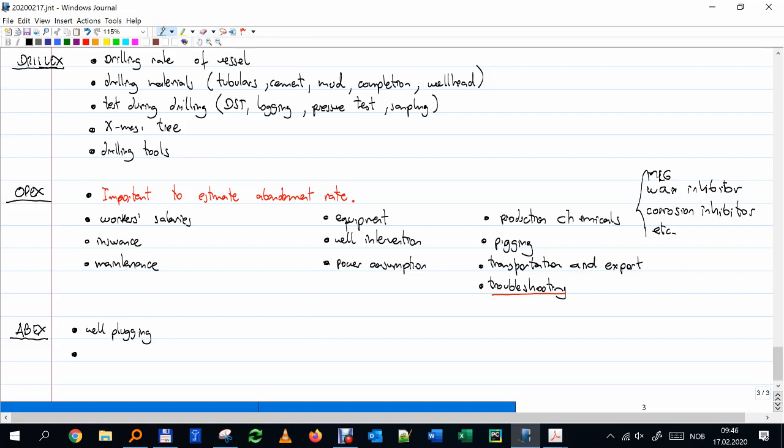A big part of it actually is removal of flow lines, pipelines, removing of the offshore structure, okay, cleaning. We have monitoring.